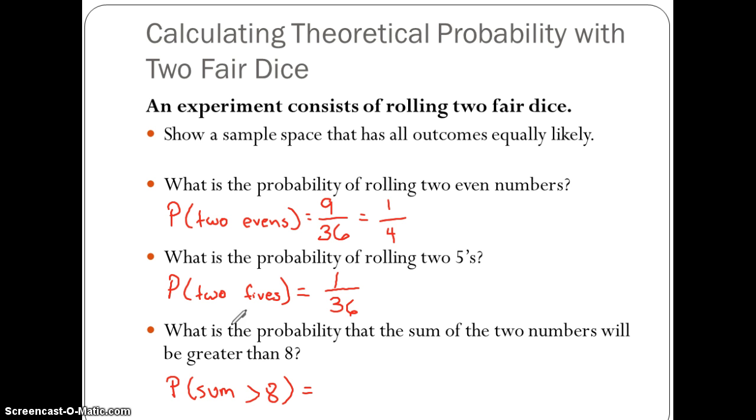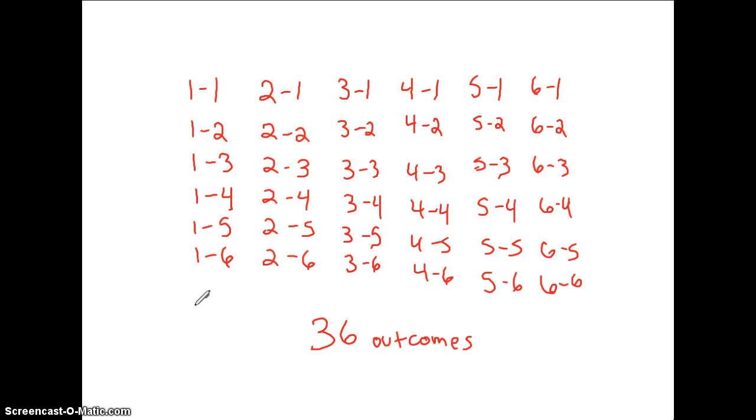Over here, probability that the sum is greater than 8. That tells you want the numbers that are greater than 8, which are 9 and up. So when you go over here, you want the numbers that you add together, such as 3 plus 6 is 9. That's one of them that we want. But 3 plus 5 is 8. Remember, we want more than that. So we know this is 10, that's 9, that's 8. We're going to stop there. That's 11, 10, 9, 8.